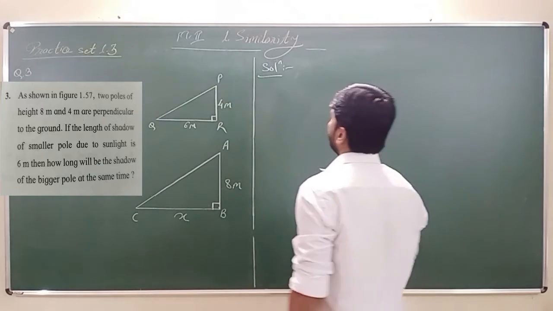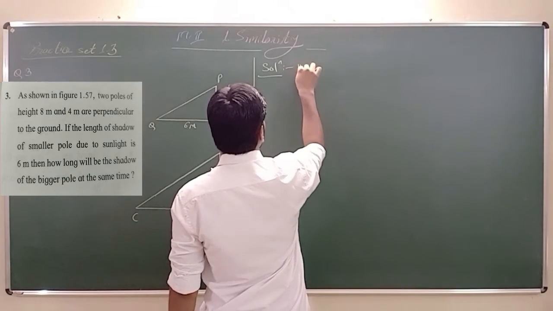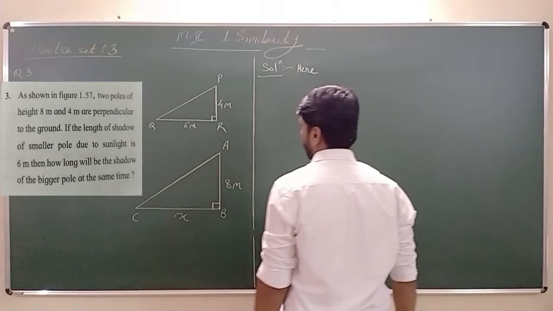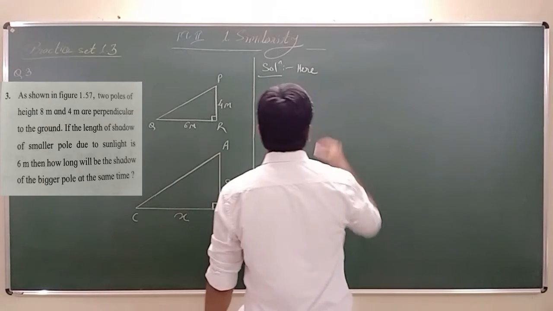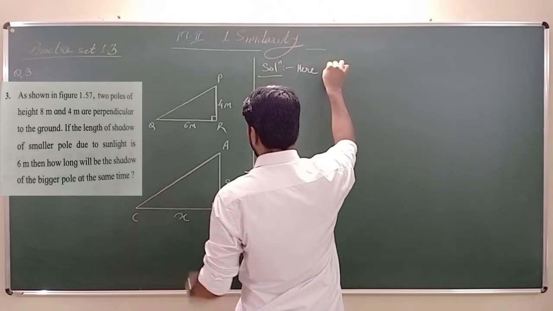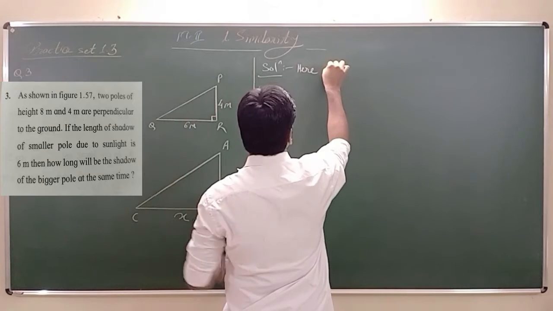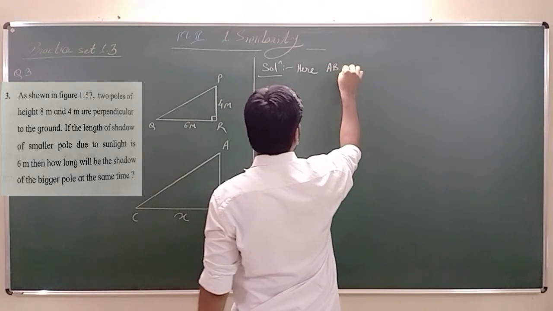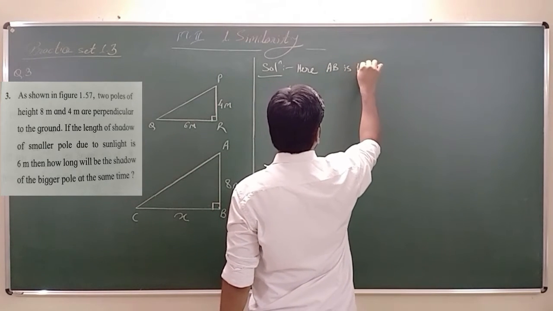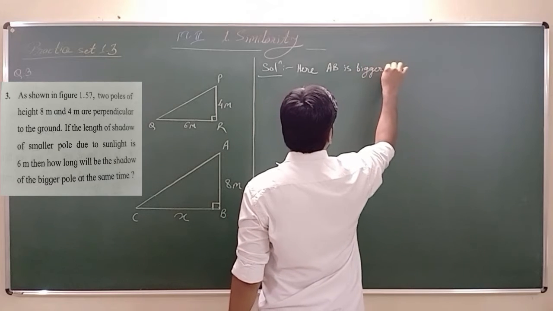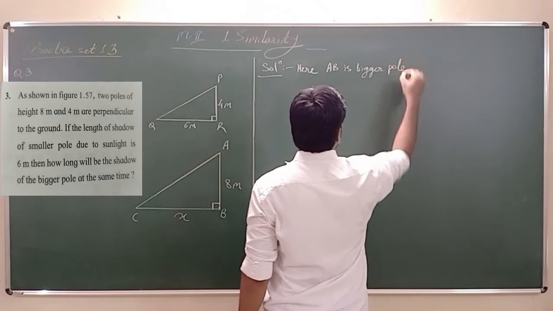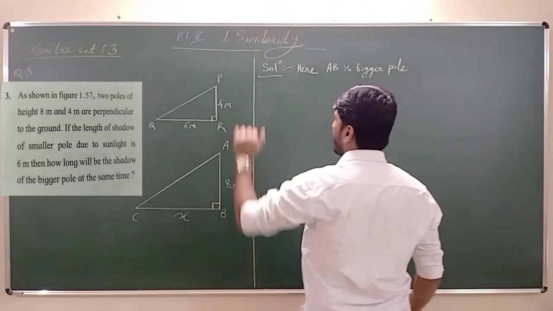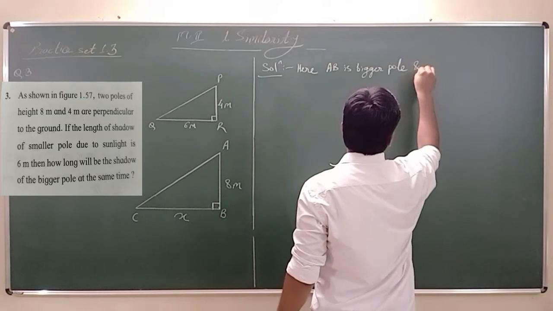Now here, AB represents the bigger pole and PR represents the smaller pole.